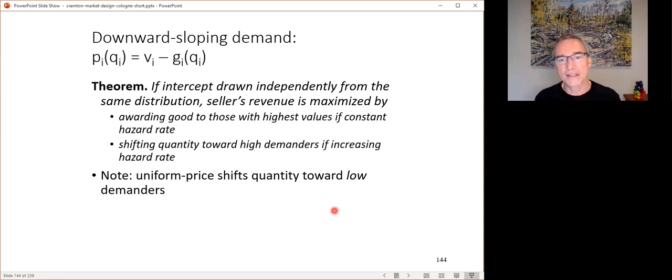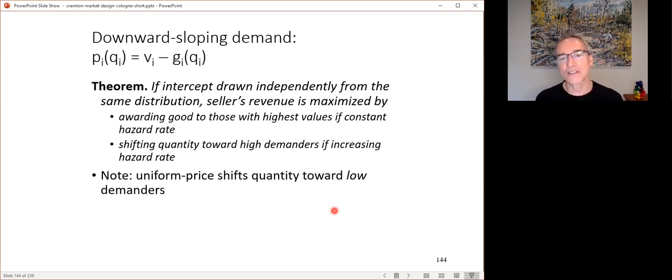But in other instances, other distributions like the uniform distribution, okay, the uniform distribution, that has an increasing hazard rate, right? Because the closer you get to the end of the support, the hazard is going to infinity. It's increasing. And so this result says that you should shift quantity towards the high demanders if there's an increasing hazard rate, as there is with the uniform distribution. Okay, but what does the uniform price auction do?